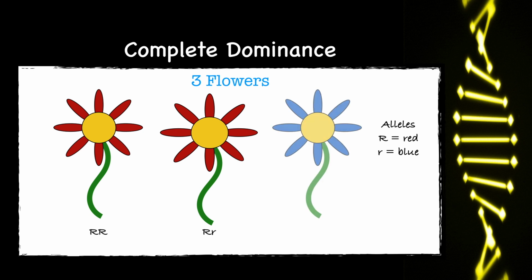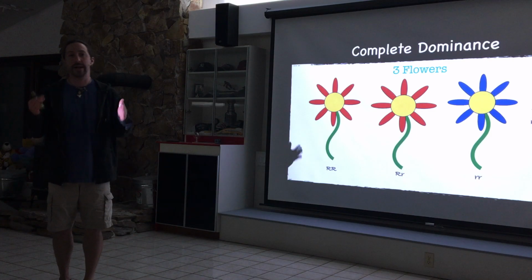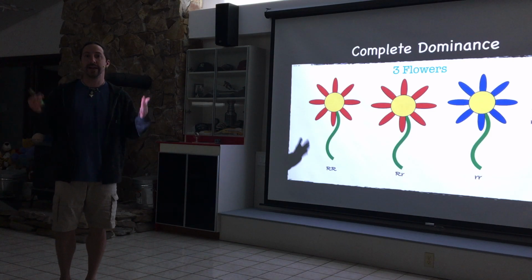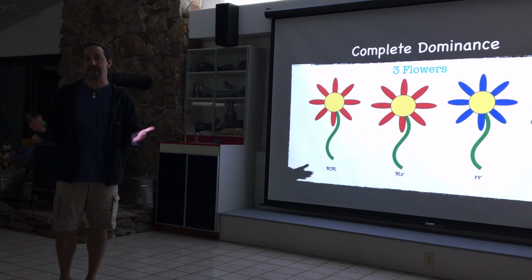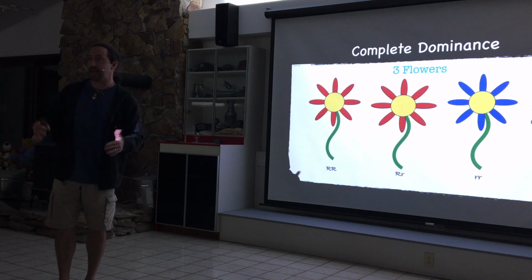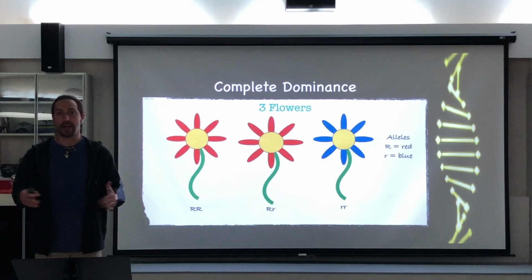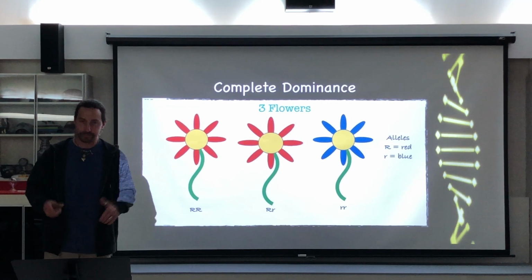In this case, the recessive allele is blue, and the only way that the blue allele shows up phenotypically is if it's homozygous recessive. So the only way that you're going to have a blue flower is if it is homozygous recessive. Both the heterozygote and the homozygous dominant are going to appear red.